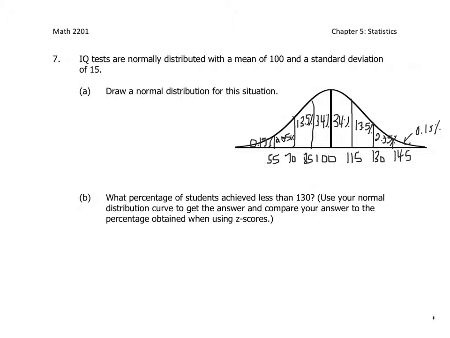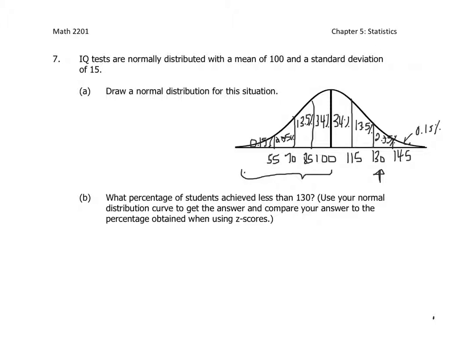Alright, so question B says, what percentage of students achieve less than 130? So 130 is one of the labels on the curve there. So if you use your percentages here, we know that up to the mean, if you add all those up, it's 50% of the data is below the mean.